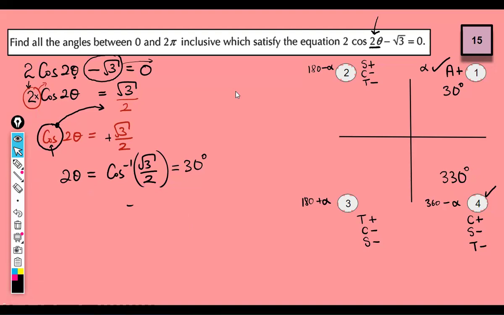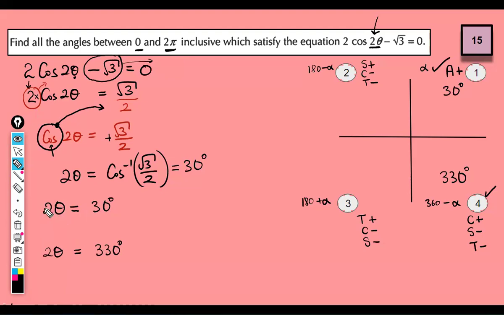Great. Now we can't move on as yet, because look at this. 2 theta is equal to what? 30 degrees. And 2 theta at the same time is equal to 330 degrees. Now, because it's 2 theta, the general rule of thumb, if they're asking for the answer between 0 and 360 degrees, you just have to add 360 once to each of these answers, because it's 2 theta.